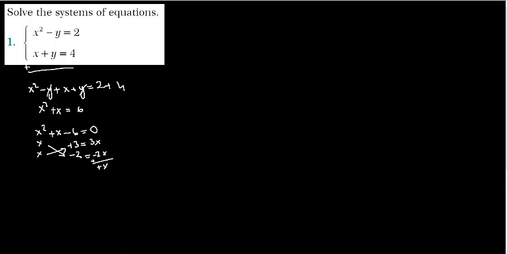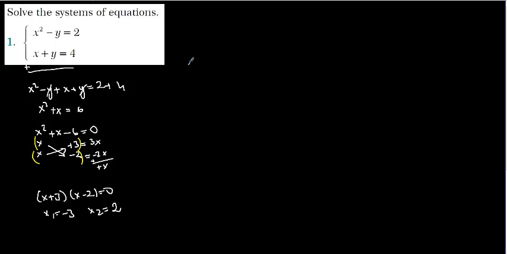This factorization is true. It means that I can get x plus 3 times x minus 2 is equal to 0. x1 is equal to minus 3, x2 is equal to 2.